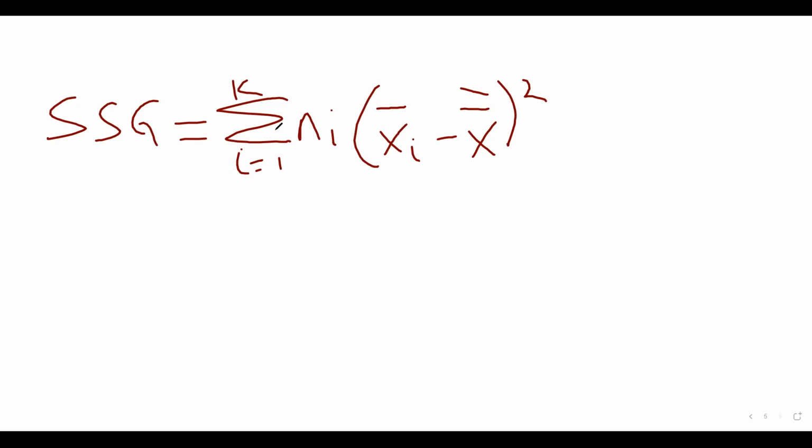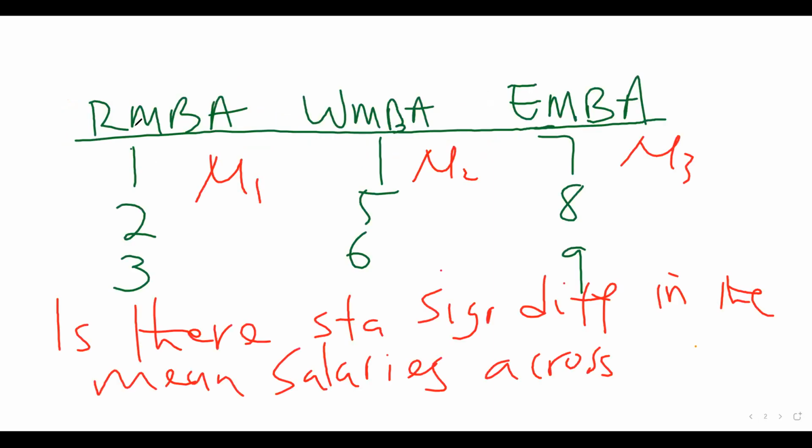The k here, the n_i is the sample size in that group. And in our case, we have different groupings, don't we? We have different groups. So the n_i will be the sample size in the RMBA group, the sample size in the weekend MBA group, and so on.